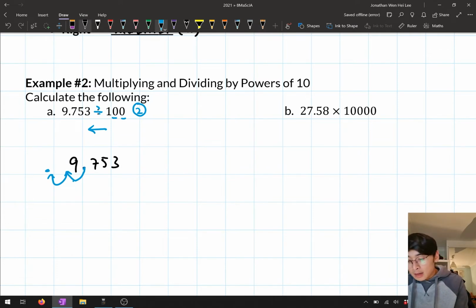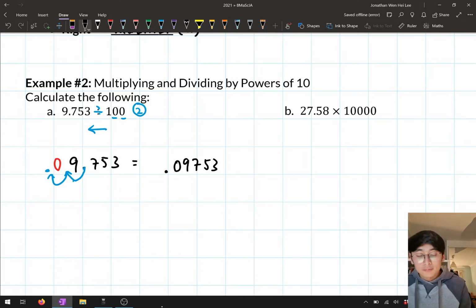If you see any gaps, what you need to do is fill them up with zeros. And so the final answer that we're going to get is 0.09753. Now, when we write numbers less than 1, we don't just write it as .09753. We're going to need to add that 0 before. And so that's how we can divide by a power of 10.